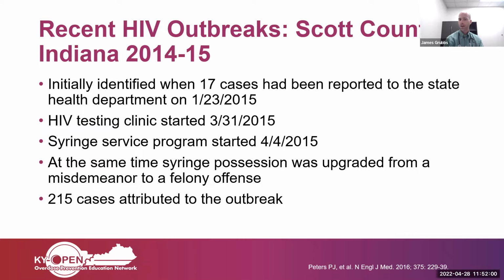This had a major impact on public health overall, with about 215 cases attributed to this outbreak. The main transmission routes were either injection drug use or sexual partners who inject drugs.